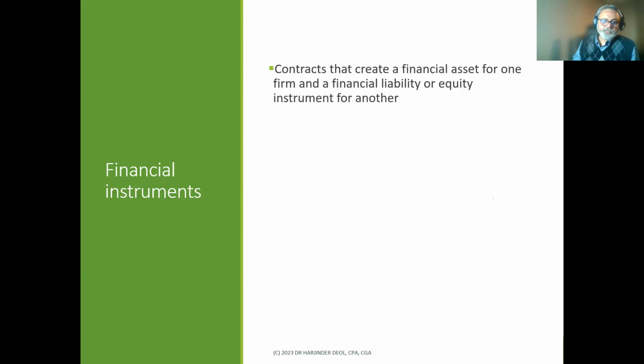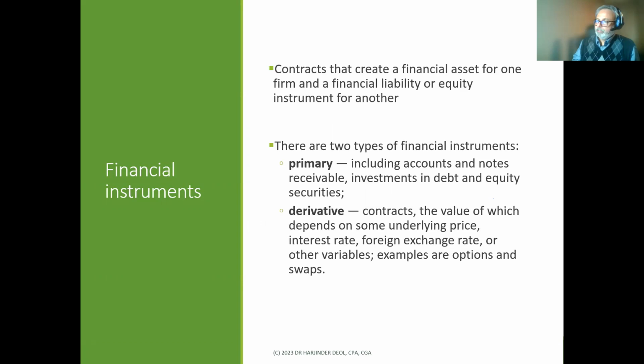These are essentially contracts that result in the creation of a financial asset for one party and a financial liability for another. And there can be two types of financial instruments.